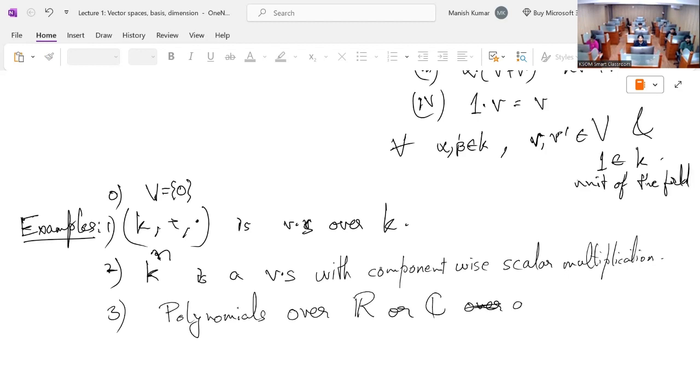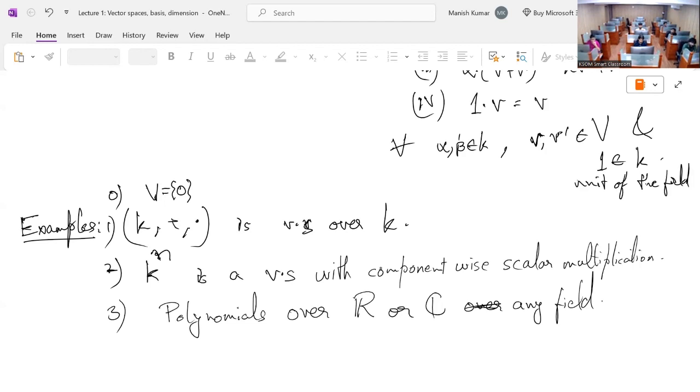You can take continuous functions, for instance, from R to R, let's say.